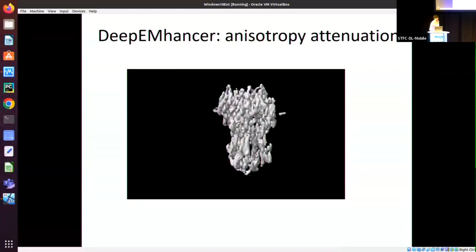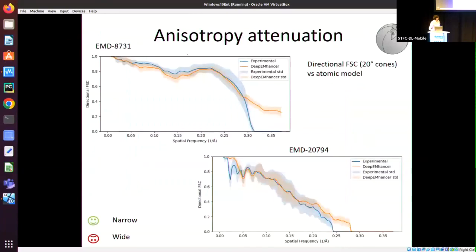So we have tried to study this in a more systematic way. We have computed directional FSCs comparing experimental maps and DeepEMhancer processed maps against the reference PDBs for a bunch of examples. You have here a couple of those examples. These plots show the directional FSC. The solid line is the mean value, and the shadow region is one standard deviation of the directional FSC.